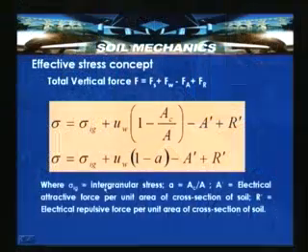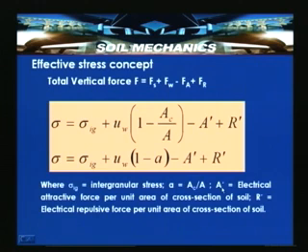So, sigma Ig is intergranular stress, A is AC by A, A dash is the electrical attractive force per unit area of cross section of soil, and R dash is the electrical repulsive force per unit area of cross section of soil.